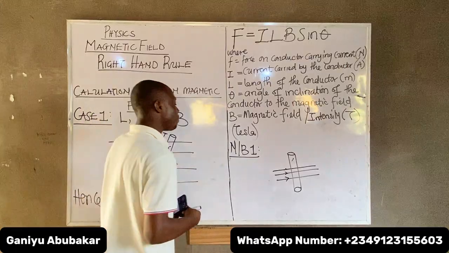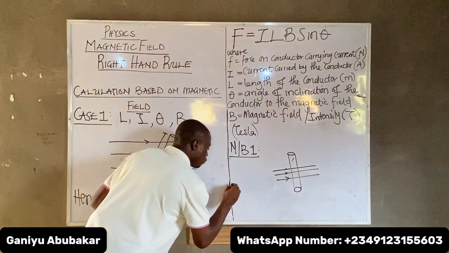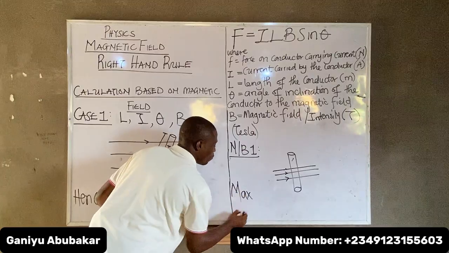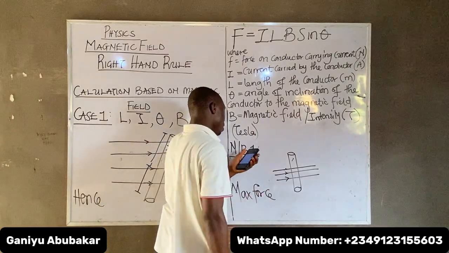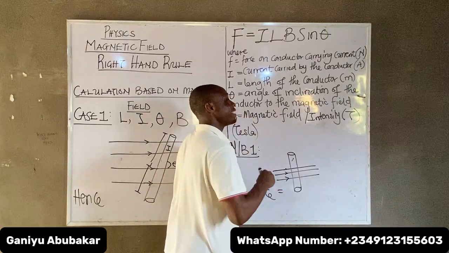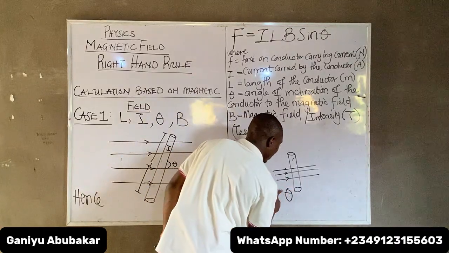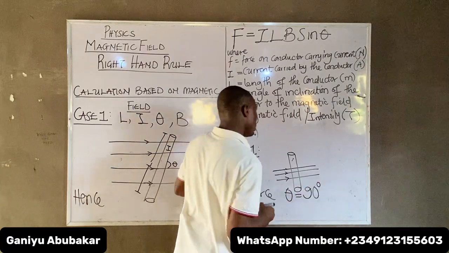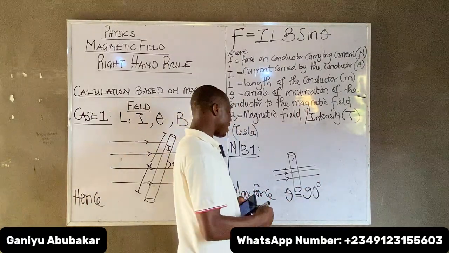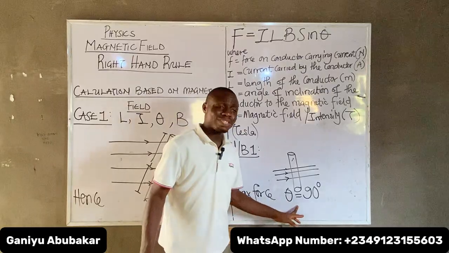So for maximum force, F maximum, the condition is that theta will be 90 degrees. Why?